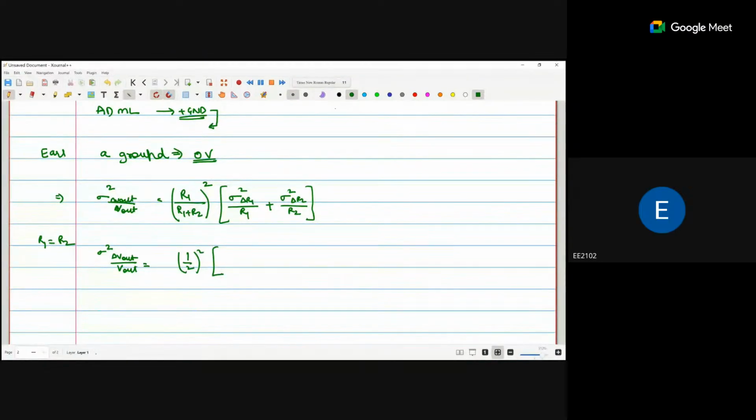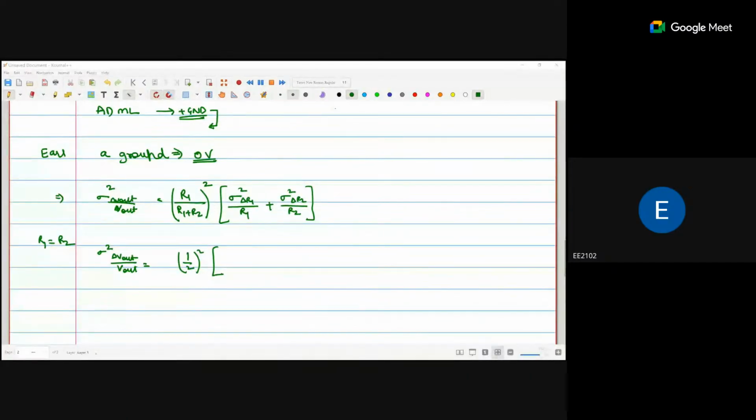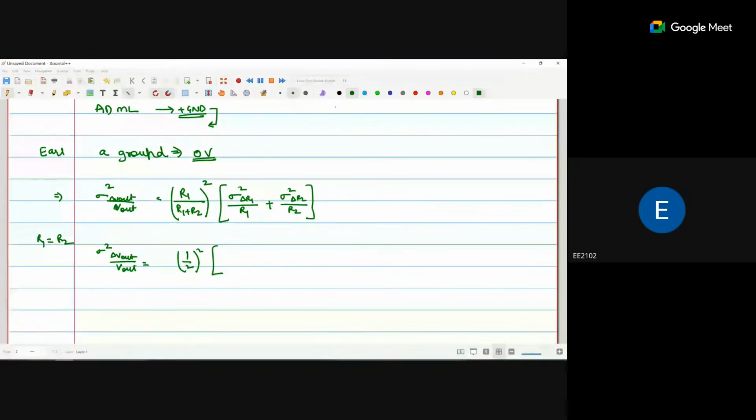Now the variance is 0.33% in R1 and 0.5% in R2. So we say 1 by 3 plus 1 by 2.